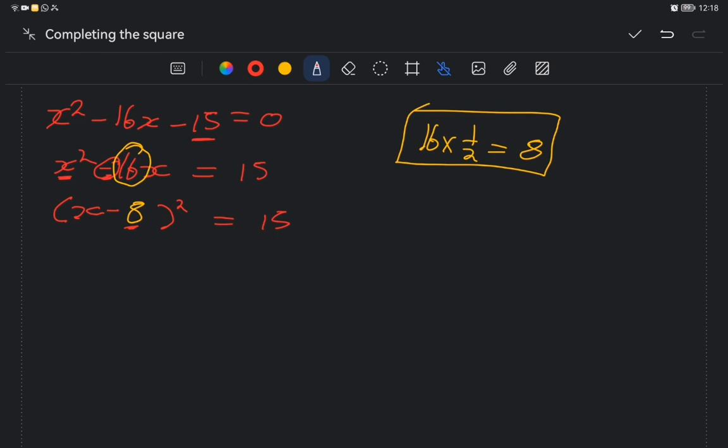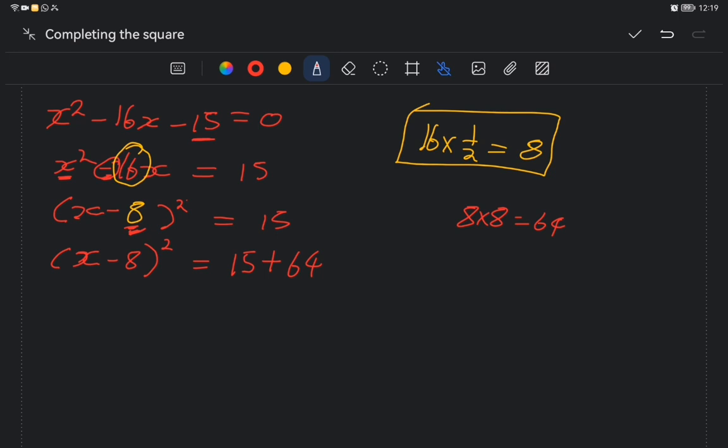We need to add an 8 squared on the right hand side because there's a square outside. So we say x minus 8 squared is equivalent to 15, but I must add a positive value. Negative 8 squared is 64, because 8 times 8 is 64. So add a 64 there.